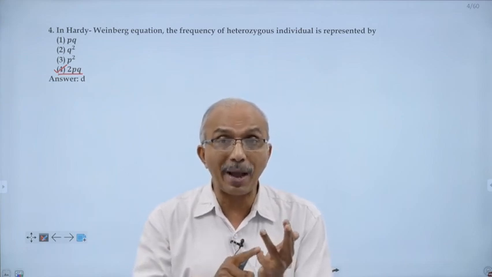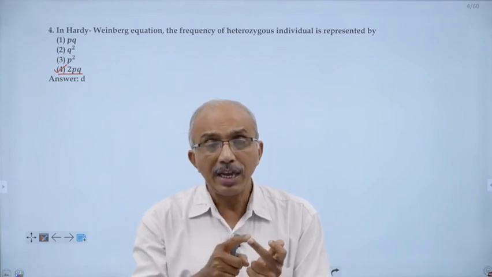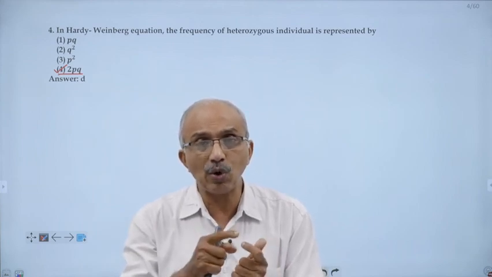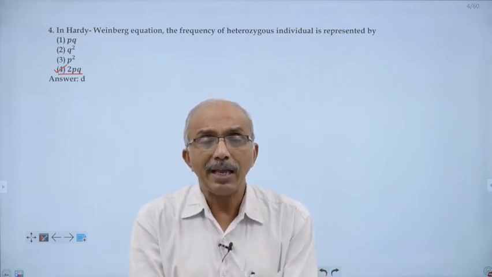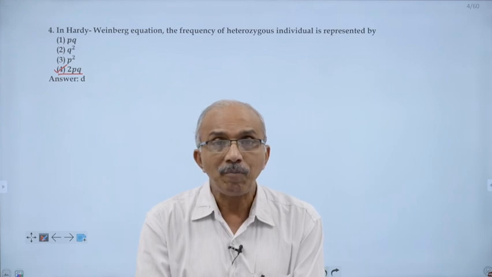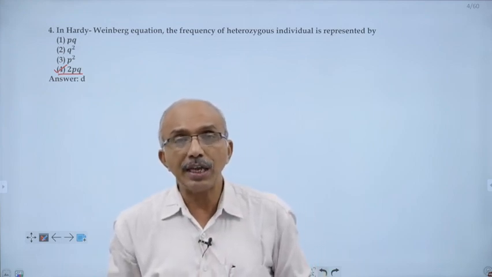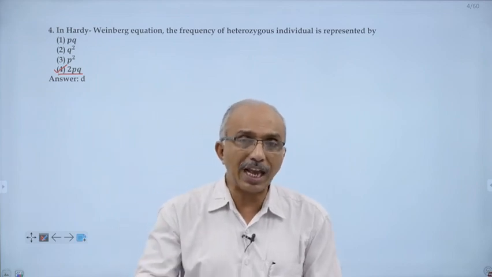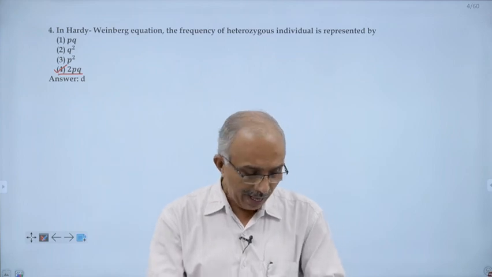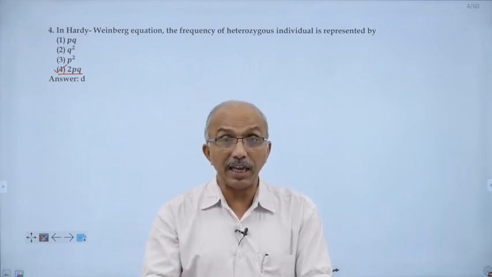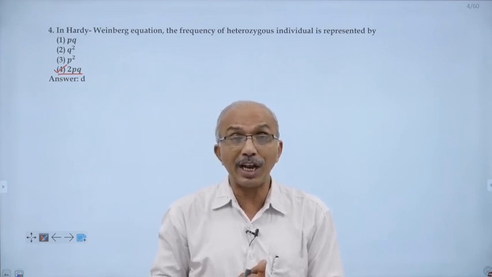If there is no migration, no mutation, no natural selection, and no genetic drift, if these factors are not operating in a population, the allele frequency remains constant generation after generation. This constancy of allele frequency is called Hardy-Weinberg equilibrium or genetic equilibrium.